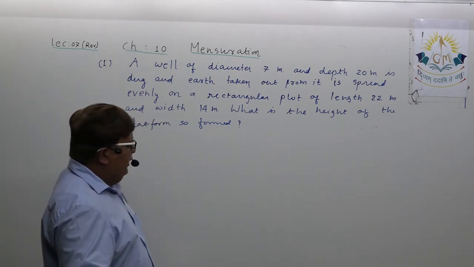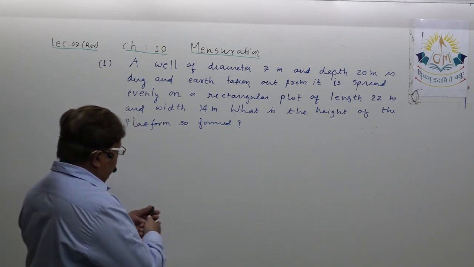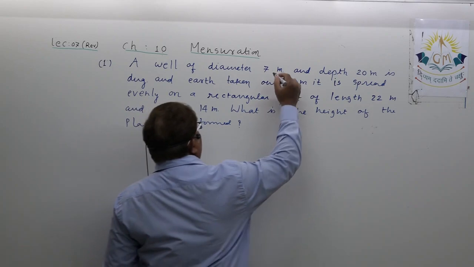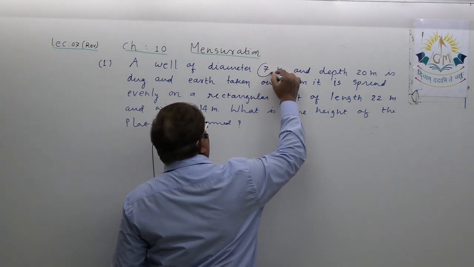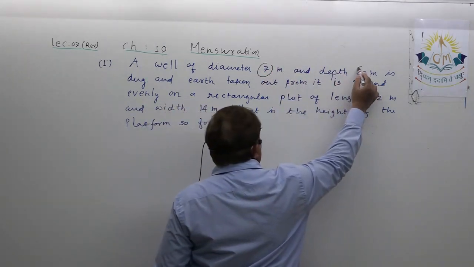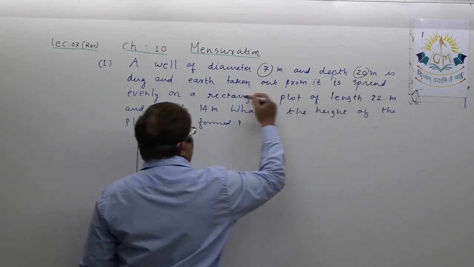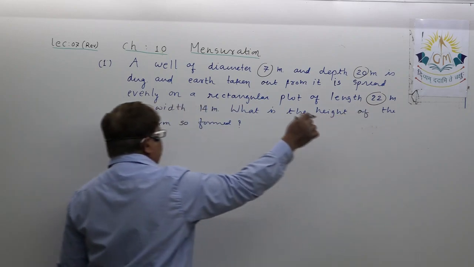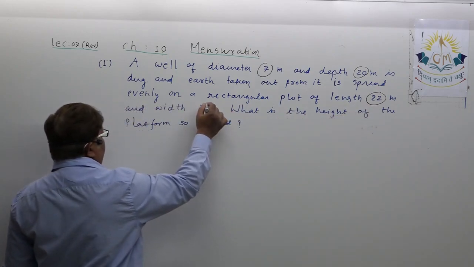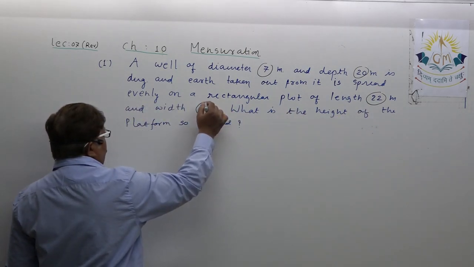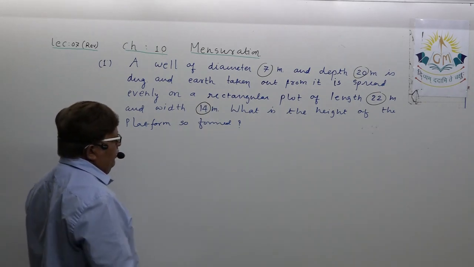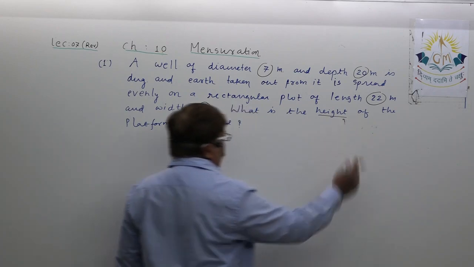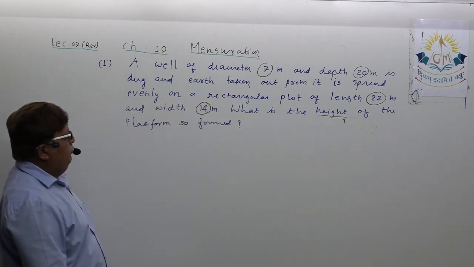Before I move on, I will locate the important data. Diameter 7, depth 20. For the rectangular plot, length 22 meter, breadth 14 meter, height we are looking for. This is the question we need to answer.